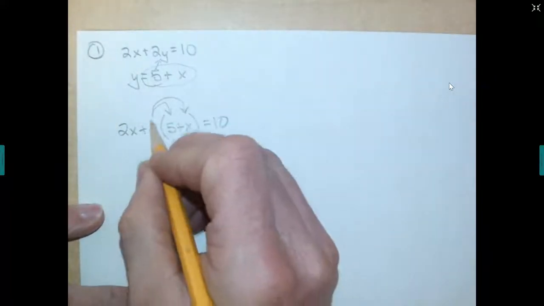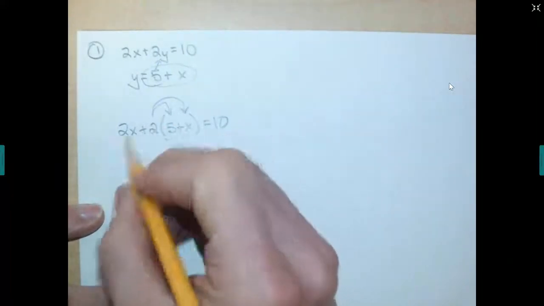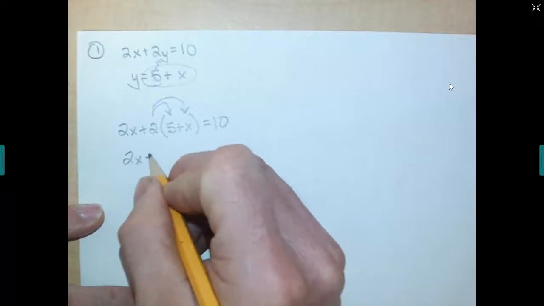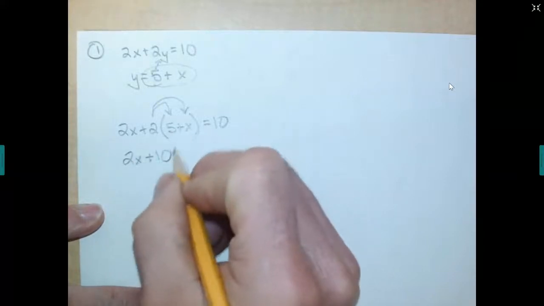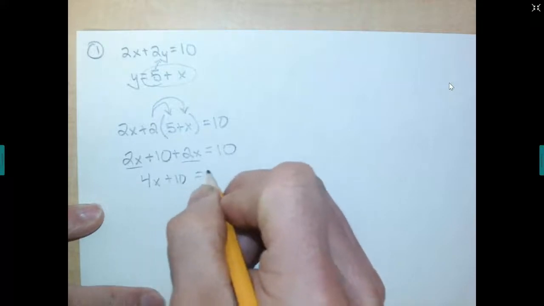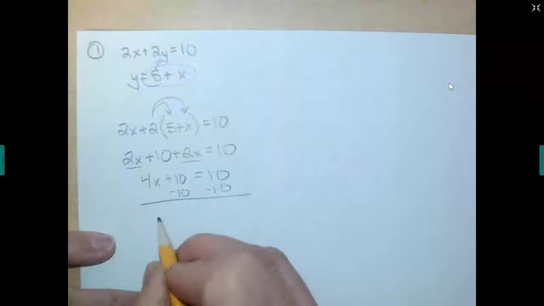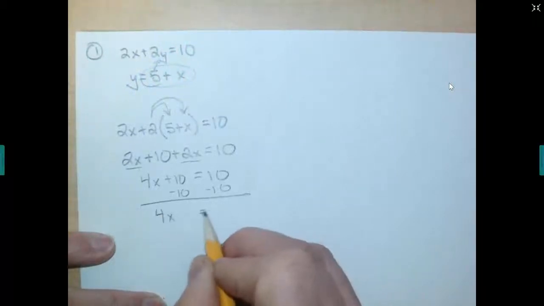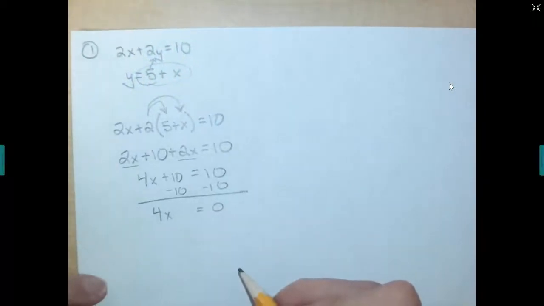So, first up, distributive property: 2x plus 10 plus 2x equals 10. Combine my like terms, I have 4x plus 10 equals 10. Minus 10, minus 10, 4x equals 0.